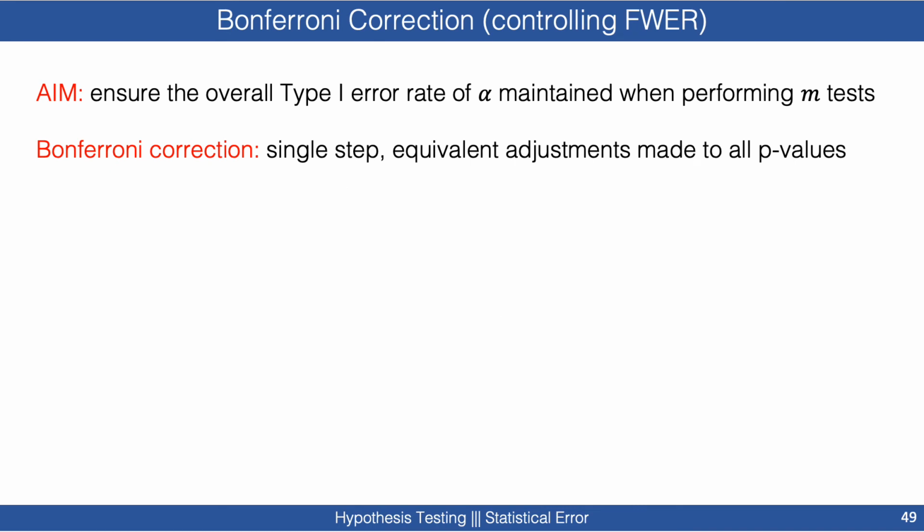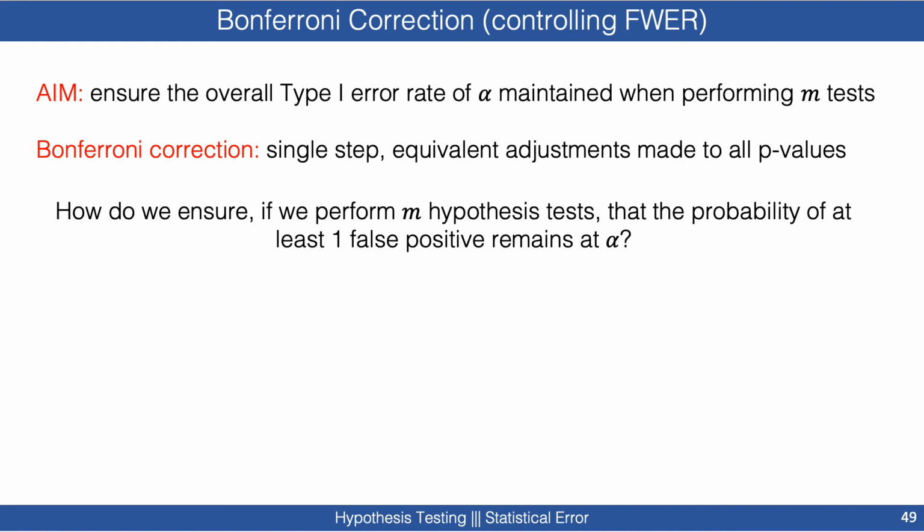To control the family-wise error rate, or to ensure that the probability of making one type 1 error stays at the same significance threshold that you wanted to begin with, the Bonferroni correction achieves that, and it's an adjustment on your p-value.